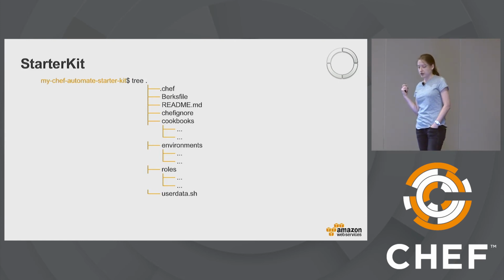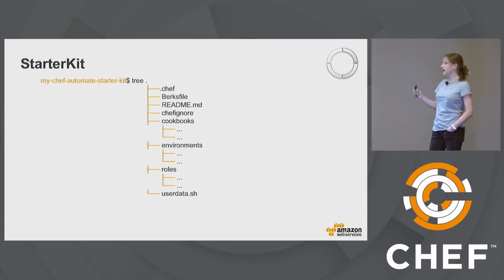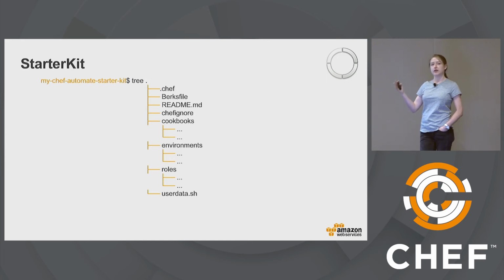When you launch a Chef Server with OpsWorks or Chef Automate, besides credentials to access the UI, you're also getting a Starter Kit. Starter Kit is a simple archive. I really recommend to download it, unpack it, and you will see a clear folder structure where it's already set up to communicate directly to your Chef Automate.